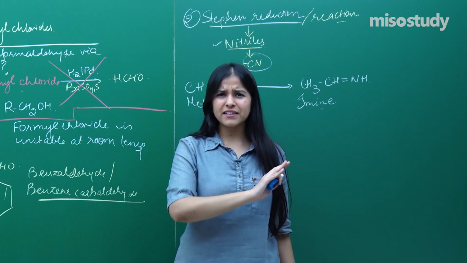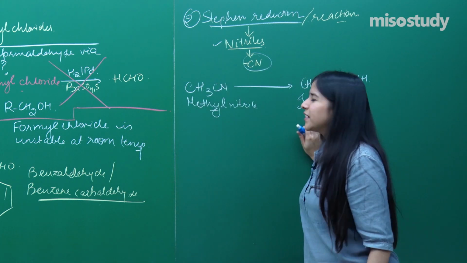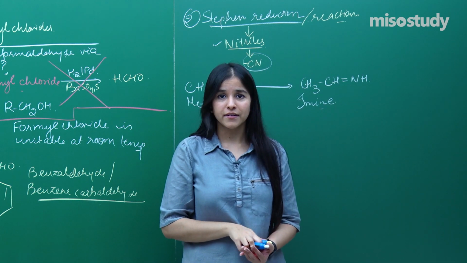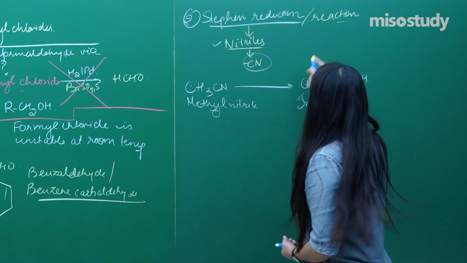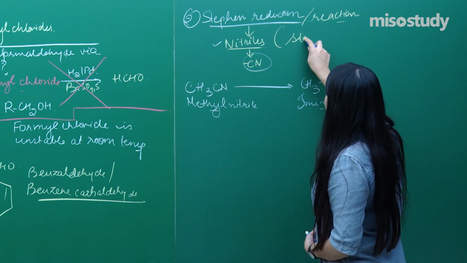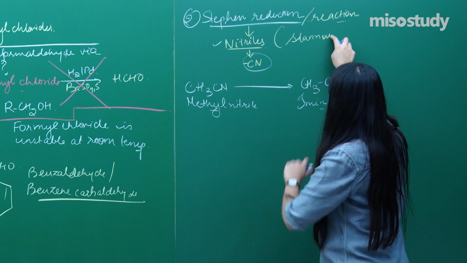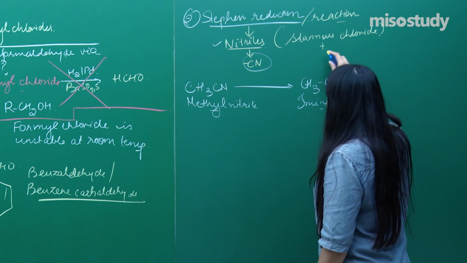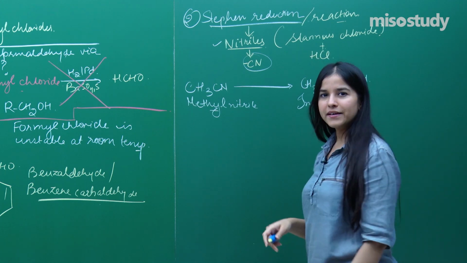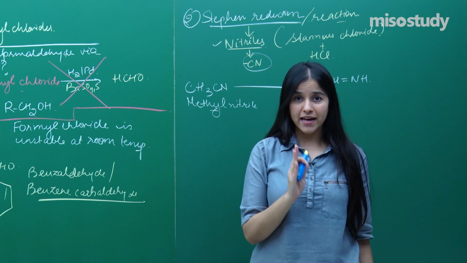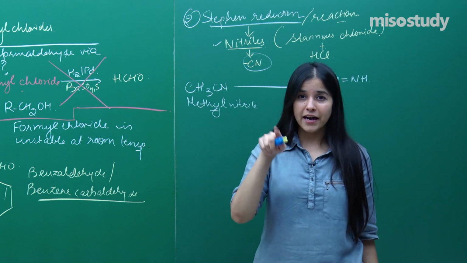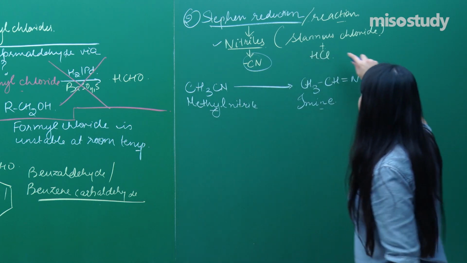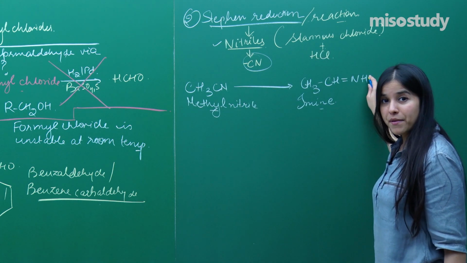And you must be thinking that I haven't told any reagent which is involved over here. So, the reagent is actually very, very special, right? I like this particularly. The reagent here is stannous chloride. I add HCl, the hydrochloric acid, to the stannous chloride, and I get the nascent hydrogen which is produced within the reaction mixture, which actually reduces the compound, right.